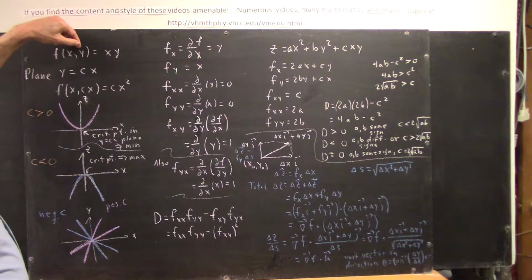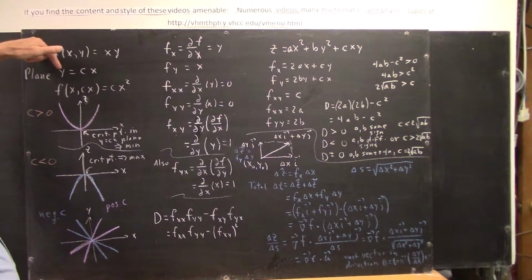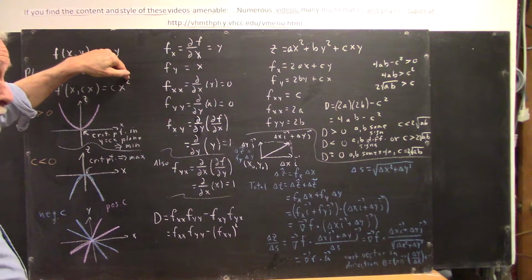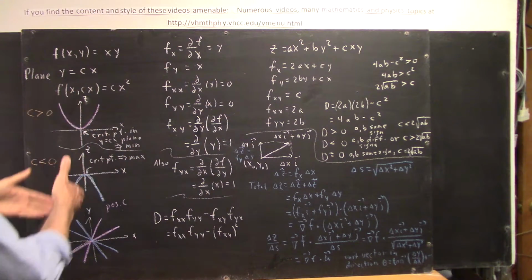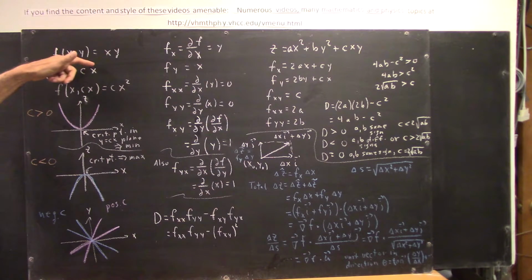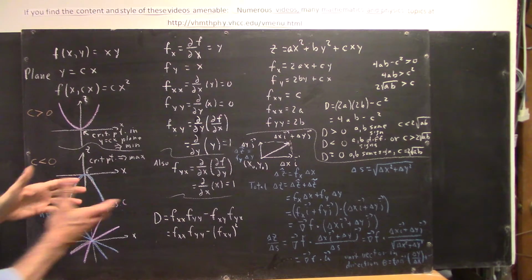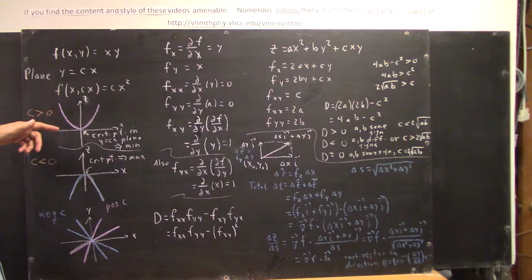Then our function f of xy, which is equal to xy, becomes, replacing y with cx, f of x, cx equals cx squared. So in an xz plane, and the plane y equals cx can be written as an xz plane, we have the parabola for maybe c greater than 0.